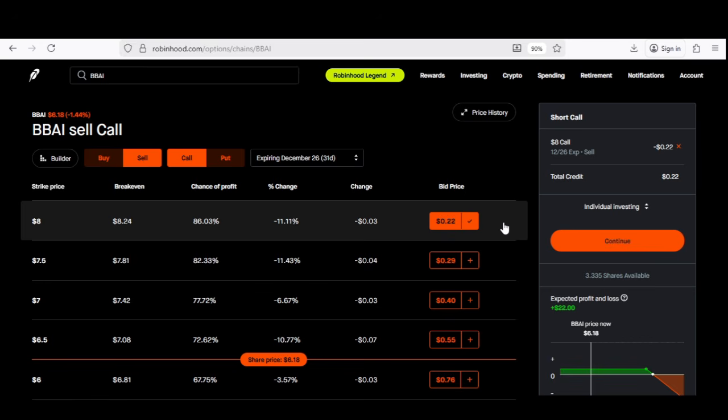The reason why it's going to be 4.4% is because the income you're going to be receiving right now is based off of your average cost. So to keep things simple, we're going to say you got assigned the shares at a $5 price. So you're going to divide the $22 you receive by the $500 that you left for collateral the first time, which is your $5 per share, and that should give you 4.4.